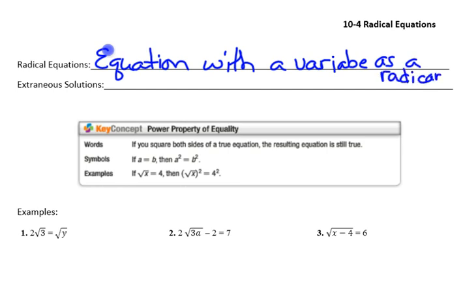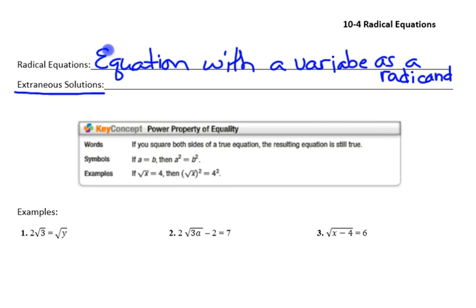Which again, you guys know is, I think, a very silly word. And extraneous solutions. In order to go about solving square root equations, you're going to end up squaring both sides of the problem. Okay, well, sometimes when you do that, you end up getting a solution that isn't going to work in your original equation.